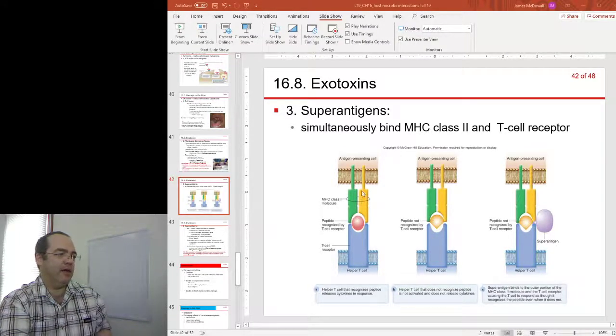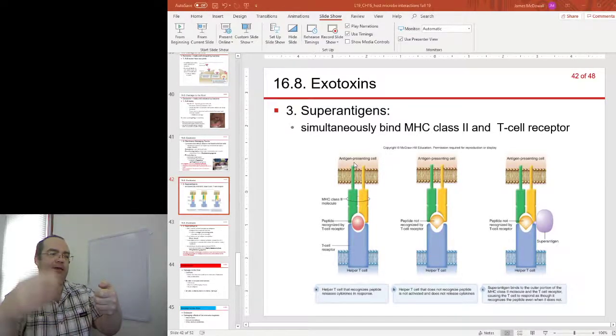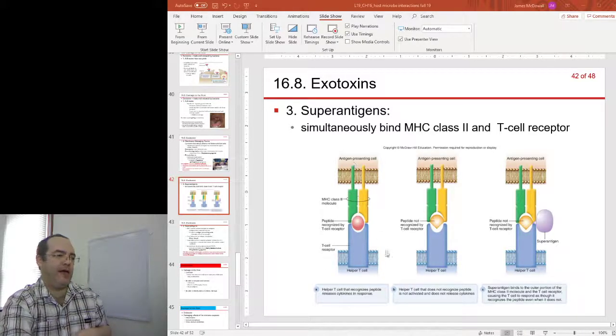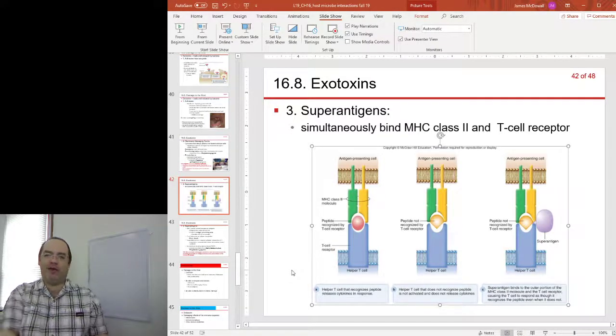The antigen-presenting cell says, look at this, what do you think? The T cell says, yes, I recognize that, that's harmful, and it's going to release cytokines. It's going to trigger an immune response.